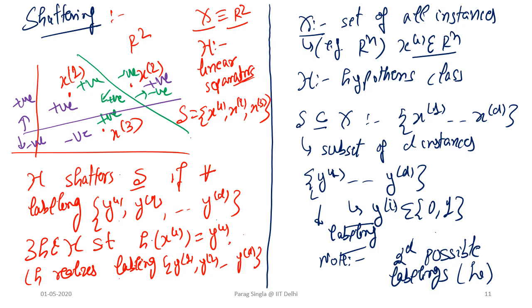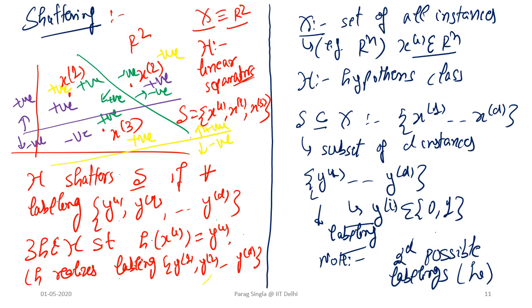Let's say I have all positive. So this is positive, this is positive, and this is positive. Then clearly a separator would simply be this one, which assigns everything on the upper side as positive and everything on the bottom side as negative.